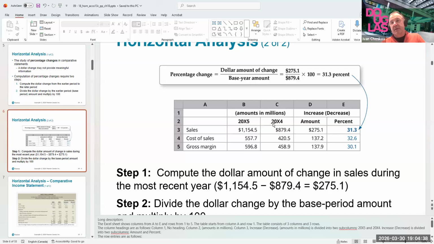Current year minus the base year, 2024, is $275,000, or in this case, million. Now this 275 million is the change, as you can see, sales going up by 275. In terms of percentage, that increase of 275 divided by the sales in the base year gives you the increase as a percentage.